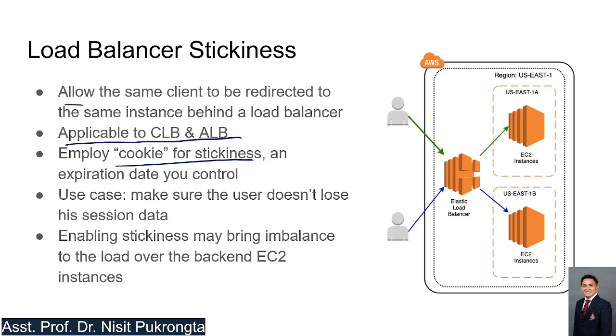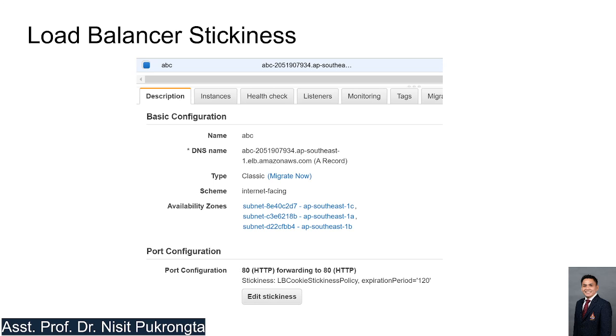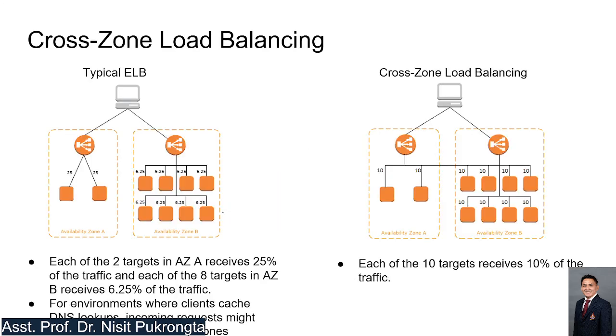We can employ the cookie, and you can make sure your user's session data stays in the same place. Enabling stickiness may bring in imbalance, which means the load over the backend EC2 instances is not balanced evenly. You can set the load balancer stickiness like this: name, type, scheme, availability zone. This is some config for show.